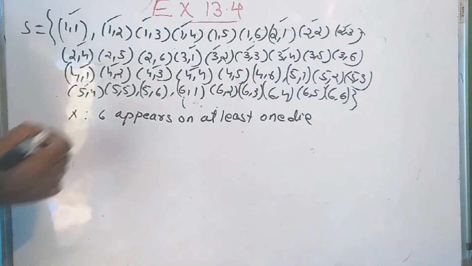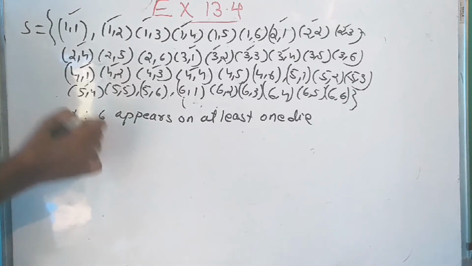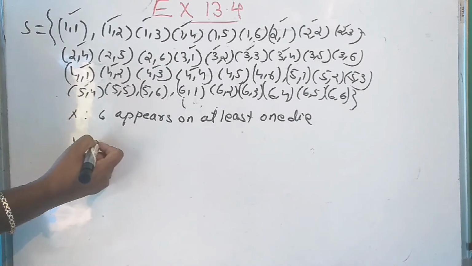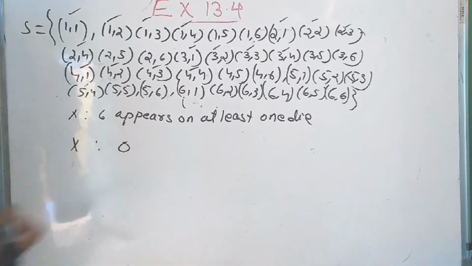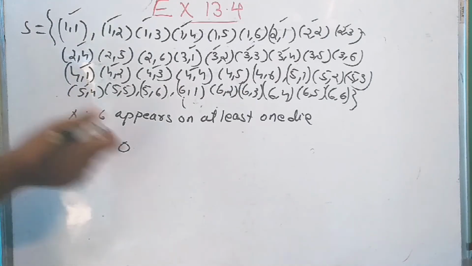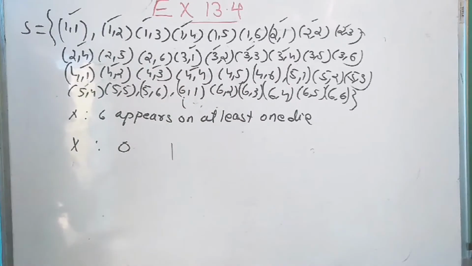At least means minimum: at least one entry should be 6. Then there are two possibilities: no entry is equal to 6, that is X equal to 0, and 6 appears on at least one die.